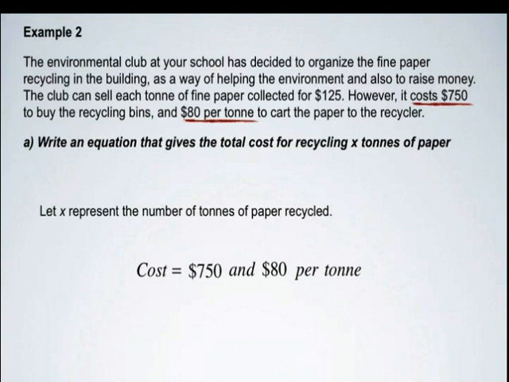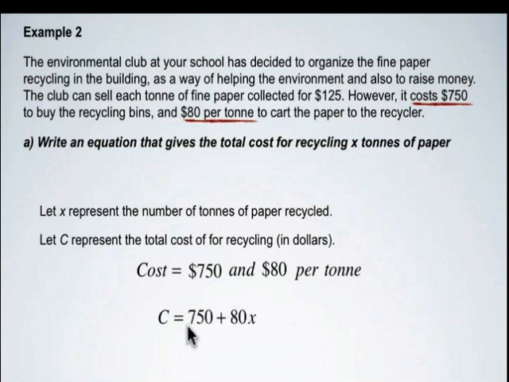We're going to let X represent the number of tons recycled and C represent the cost of the recycling. So our equation is C is equal to $750, which is the cost of the recycling bins, plus $80 per ton to cart the paper to the recycler.